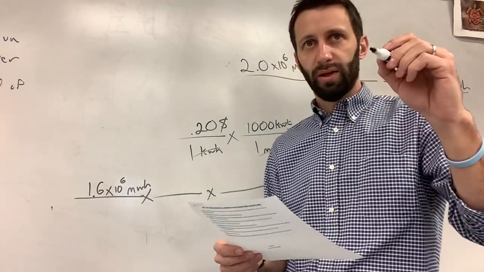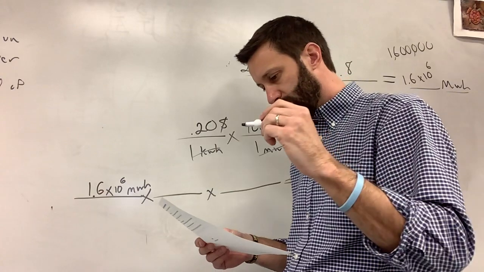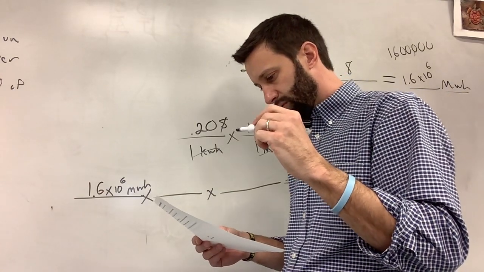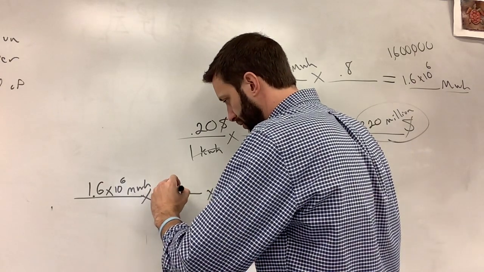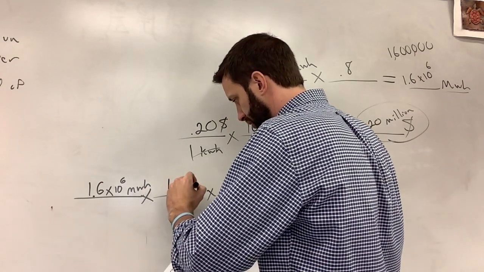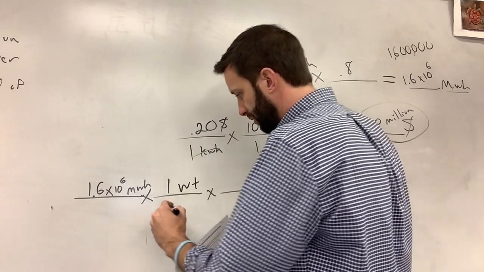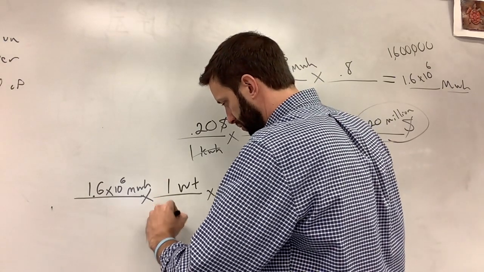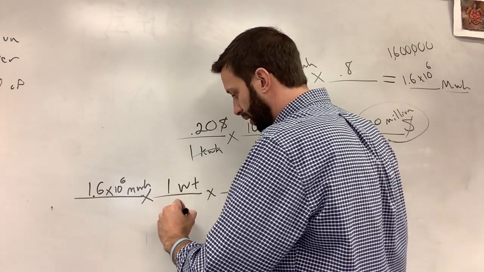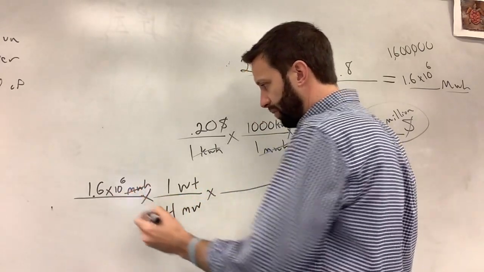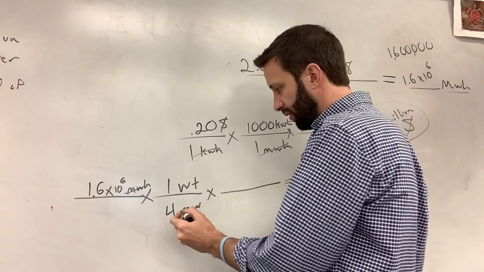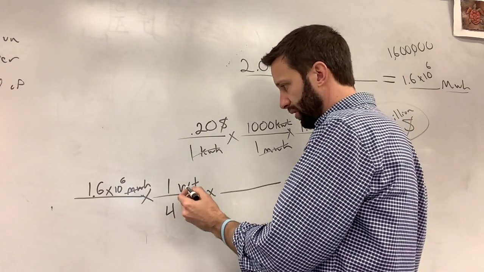Now, what did you say about each turbine? Each turbine uses up about 4 megawatts per hour. Okay, so for every one wind turbine, I'm just going to put WT, it produces how much? 4 megawatts per hour. Well, we're just going to say 4 megawatts. That's its capacity. So what that does is it gets rid of our megawatts here, and then it gets rid of our megawatts there. And then we've got to get rid of what?